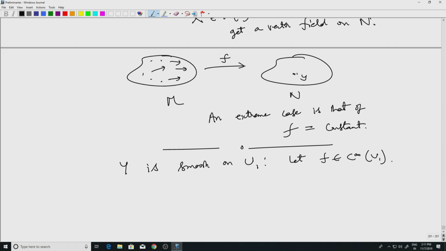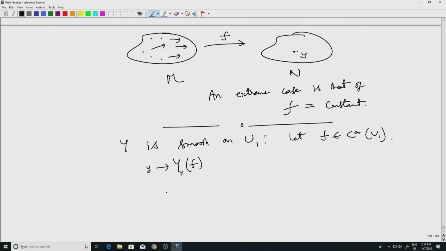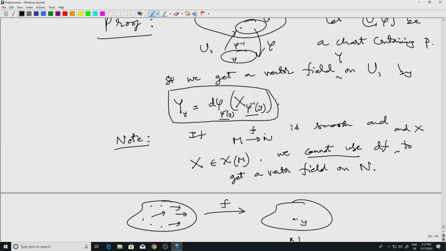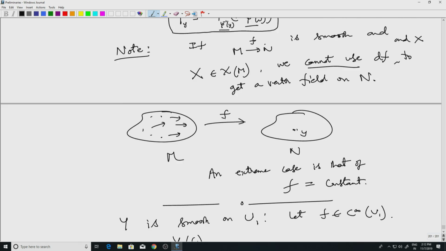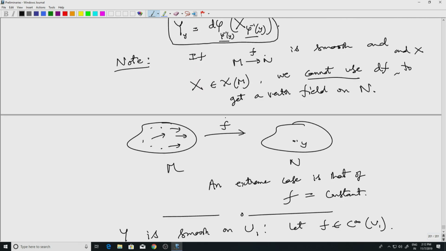So we want to consider this function Y of f, and I want to see if this is smooth. Well, this is one way. The other way is just to express this in terms of coordinate functions and so on. One can do it both ways.